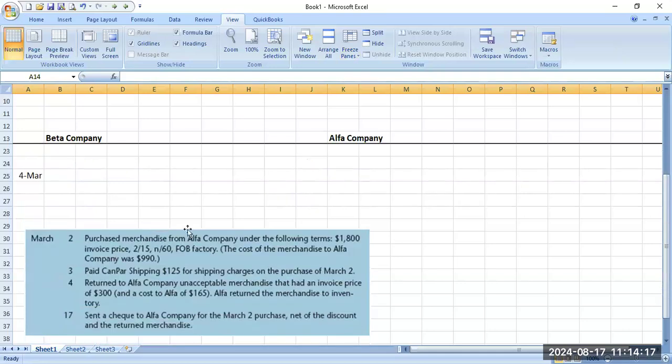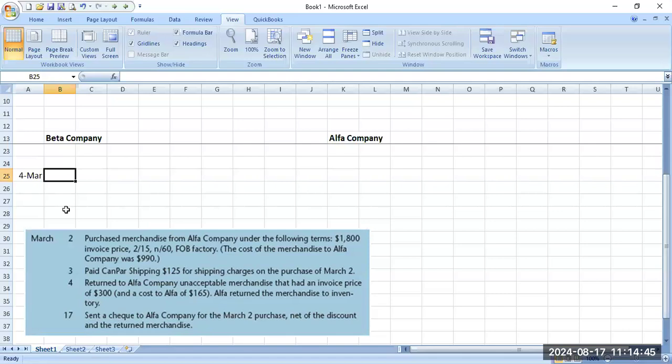Beta Company returned to Alpha Company unacceptable merchandise that had an invoice price of $300, which is at a cost to Alpha of 165. Alpha returned the merchandise into the inventory. So once Beta returned the items, they don't have to pay anymore, and they don't have it in their inventory.